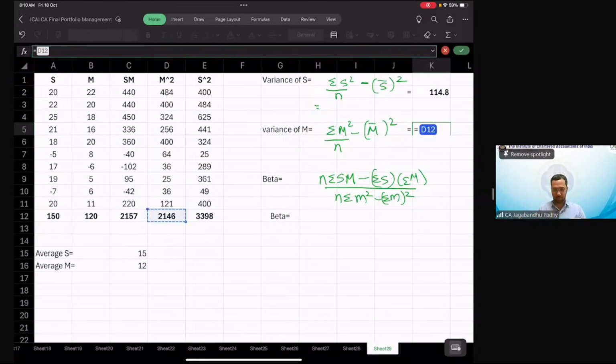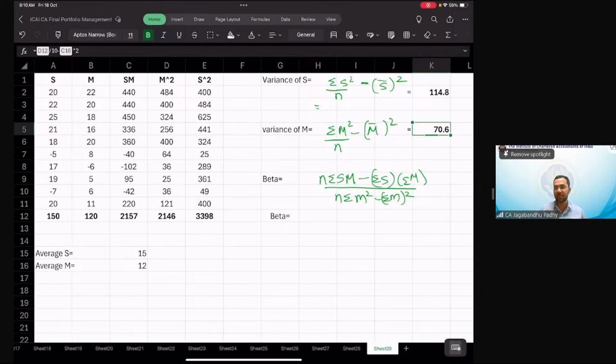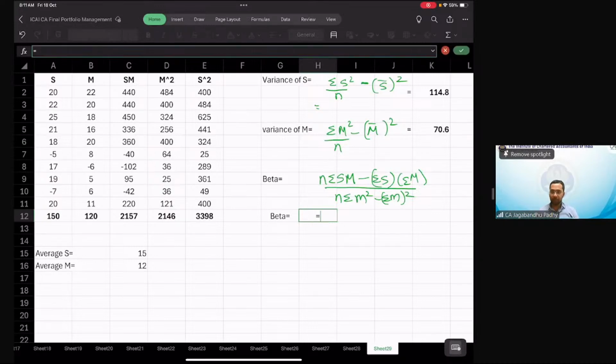This is this divided by 10 minus average square. So that's 70.6, right? What about the beta? The value of beta. What is the value of beta? Compute the value of beta, guys.